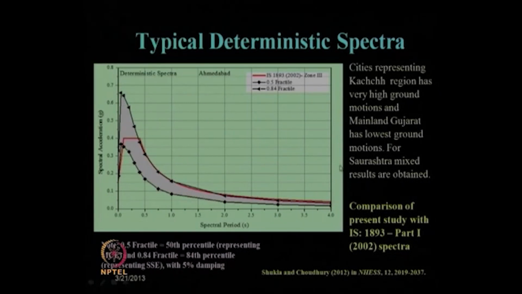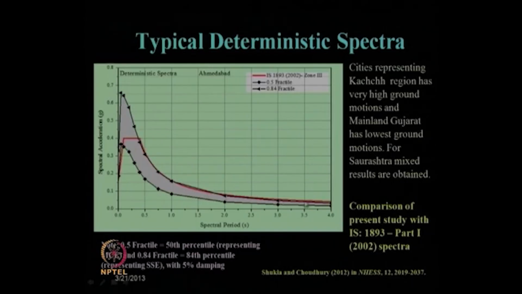Clear? So, the cities in the Kutch region have very high ground motions, and the mainland Gujarat region has the lowest ground motions, which is quite obvious, right? Whereas for the Saurashtra region mixed results are obtained.